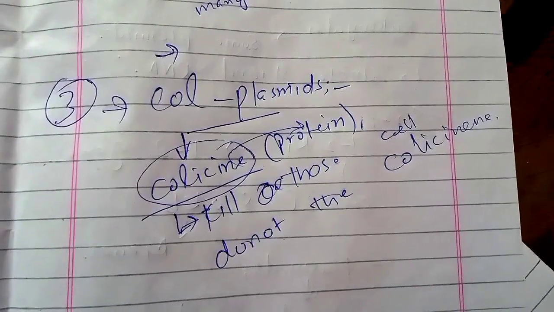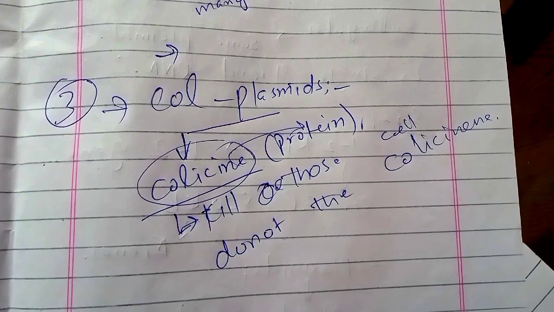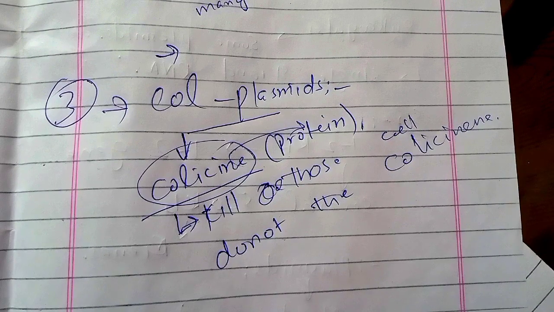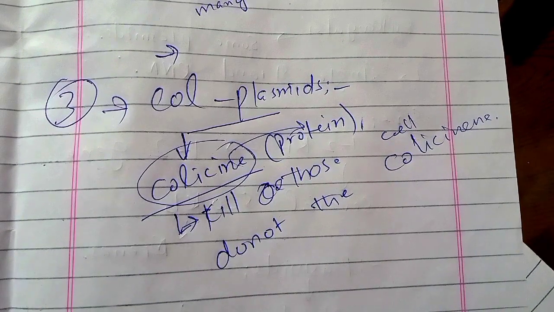The colicin produced by them can kill those bacteria which do not have the ability to produce colicin.